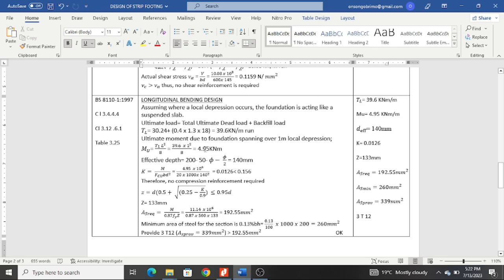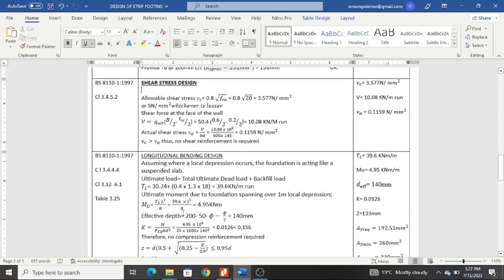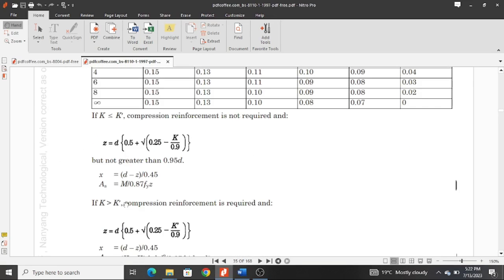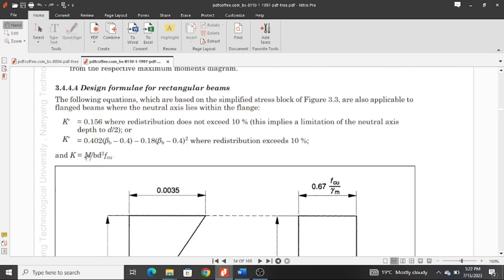And then using this moment, you are then able to determine K from the formula that we highlighted is in the code. I think it is just somewhere right here. Where was that? Here.